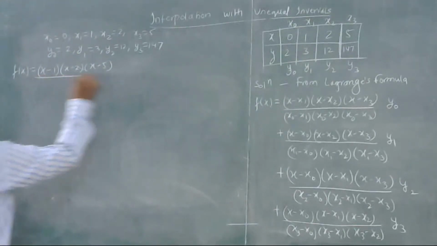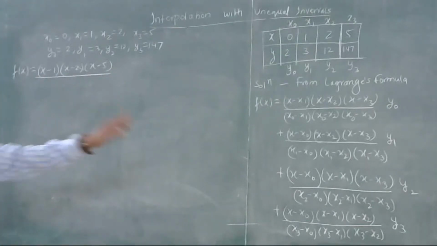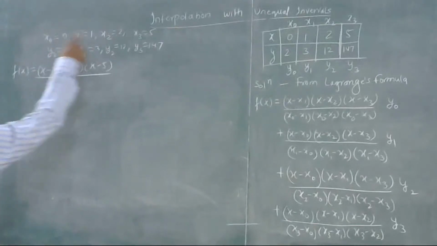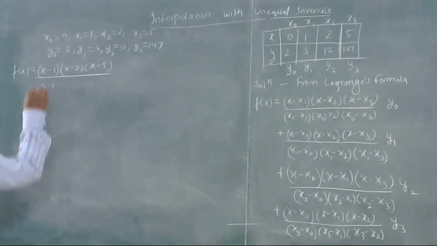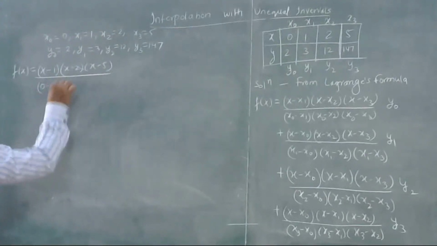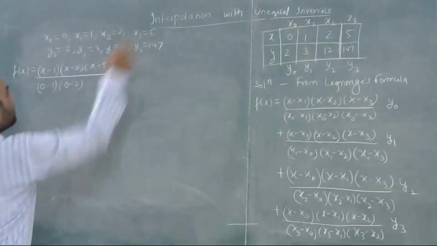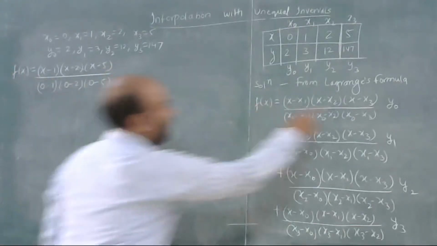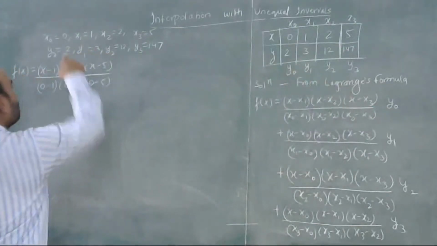In the denominator is (x0 − x1)(x0 − x2)(x0 − x3), so 0 minus 1, 0 minus 2, 0 minus 5, into y0, the value of y0 is, into.